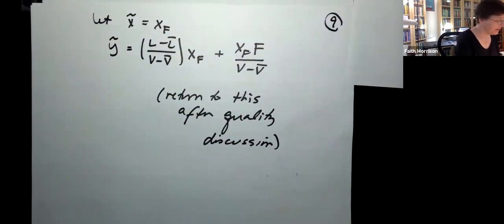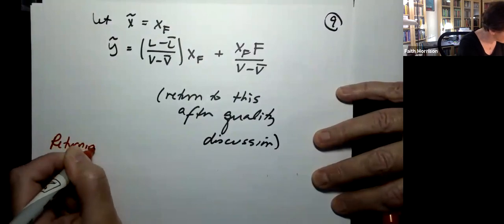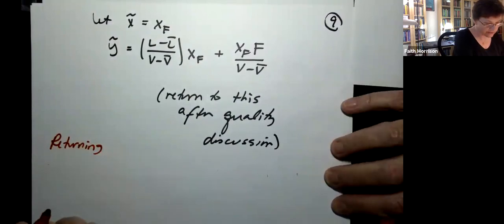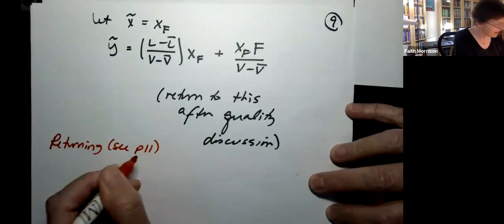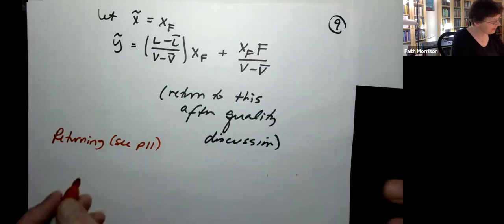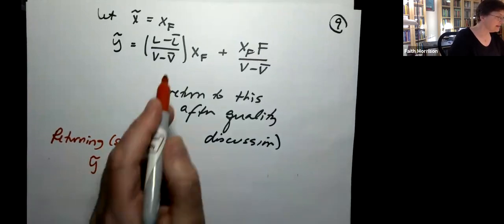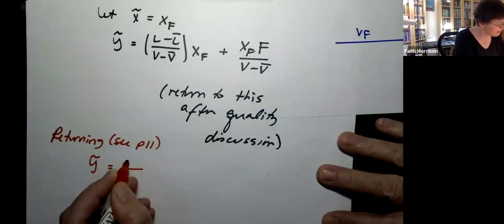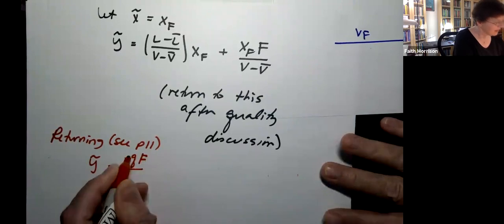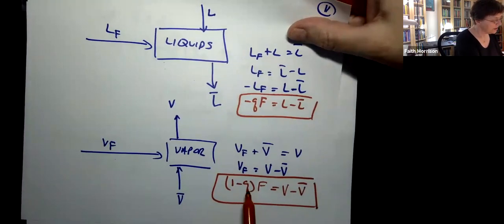So let's just fill that in. So we're going to return. And just for the future, I'll just say see page 11. All right, and so here we have Y tilde equals L minus L bar, L minus L bar is minus QF, and V minus V bar is 1 minus QF.